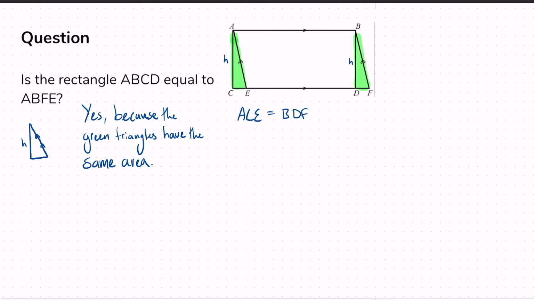We can make it a little bit clearer. We subtract one green triangle from the original rectangle, which is ABCD.